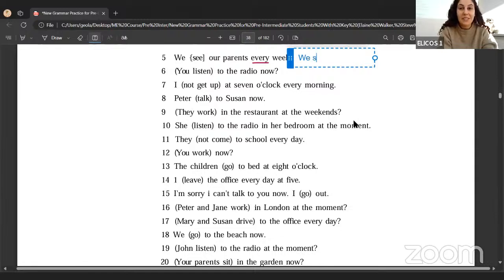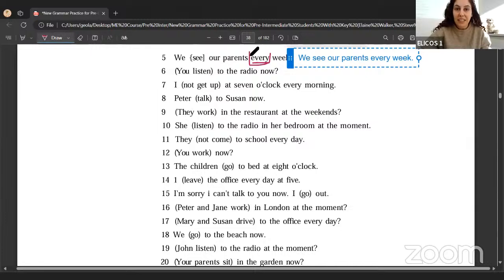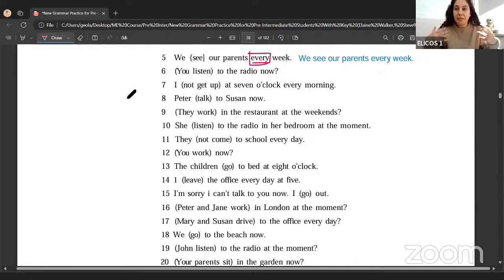No, not the continuous. We see the simple. We see our parents every week. So I'm talking about my routine. So you have to remember what is the difference between the present simple and the present continuous. The simple is because we are talking about a routine. And this word every week, that's showing me it's a routine more than once. Not now in this moment, but every week, routine.